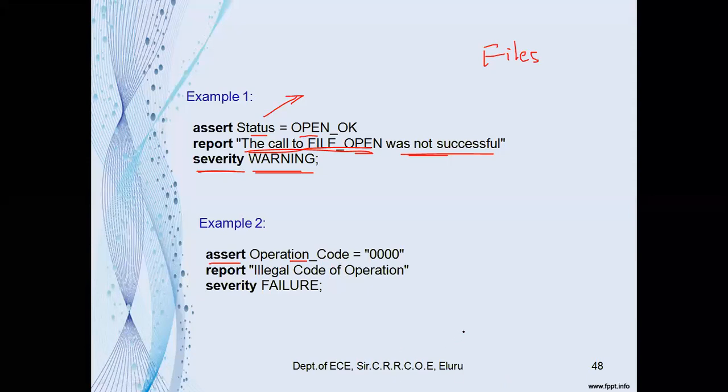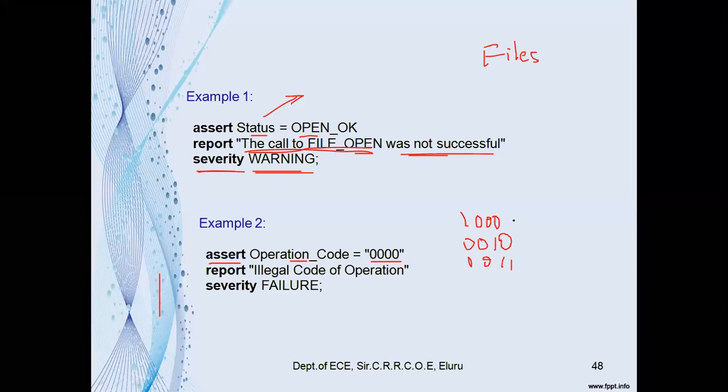So here this assert with the operation code, which is equal to 4 zeros here. So whatever the code which is assigned to this input parameter operation code, it must be 4 zeros. Suppose you have given some other value like 0010, or 0011, or 000.